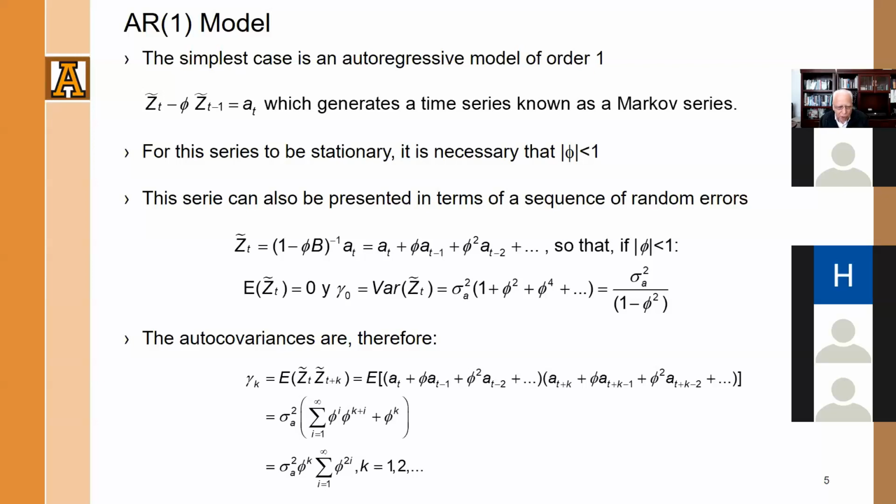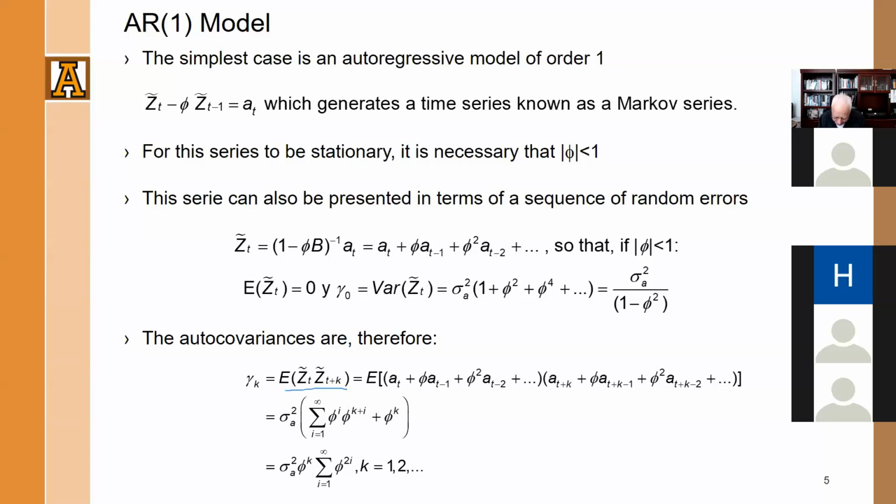Now let's compute the autocovariances. Since Z_t has mean 0, the autocovariance between Z_t and Z_{t+k} is going to be the expected value of Z_t times Z_{t+k}, because we centered the series and they have expected value 0.